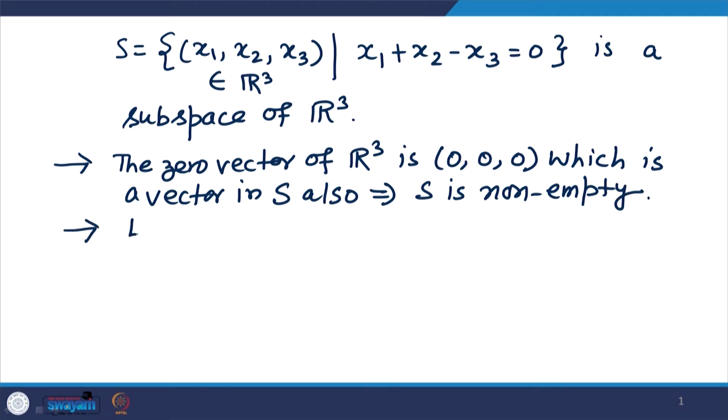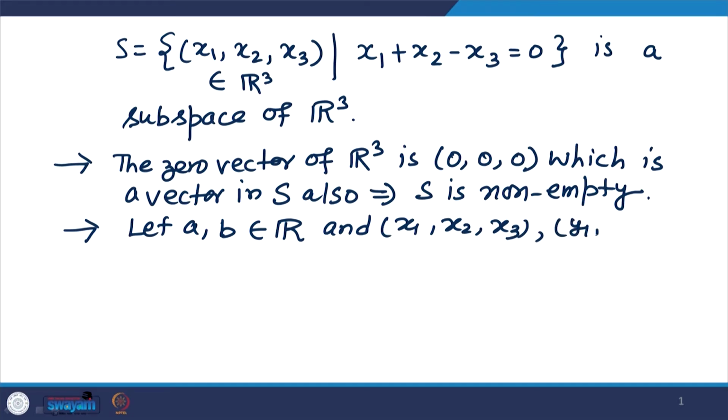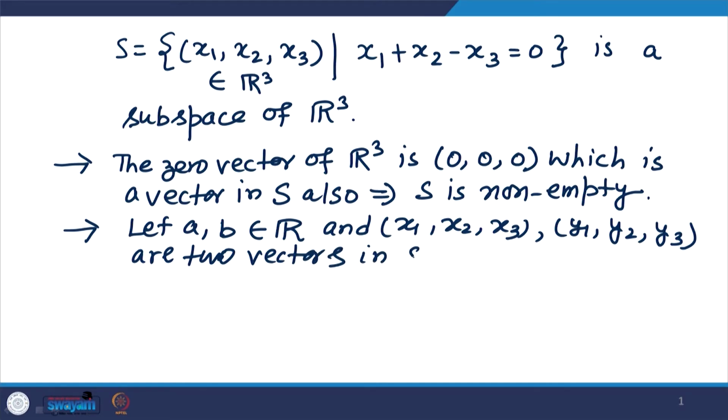Now, let a, b be two scalars belonging to R, and (x1, x2, x3) and (y1, y2, y3) are two vectors in S. Then what we are having?